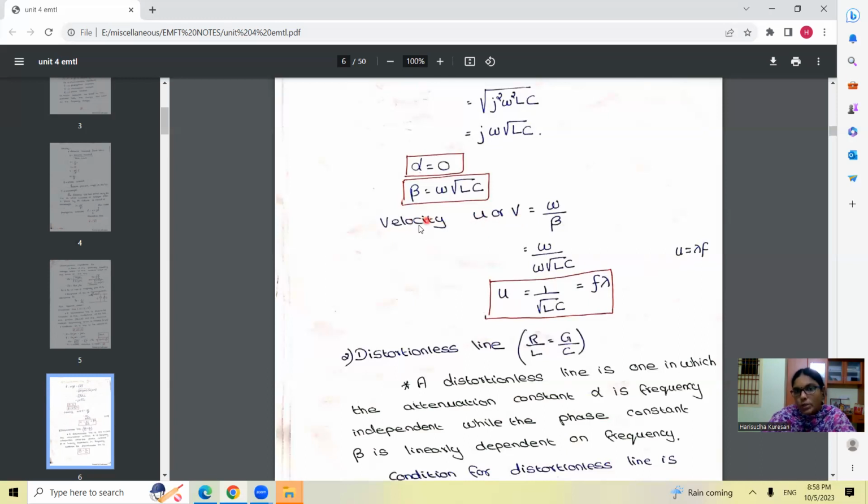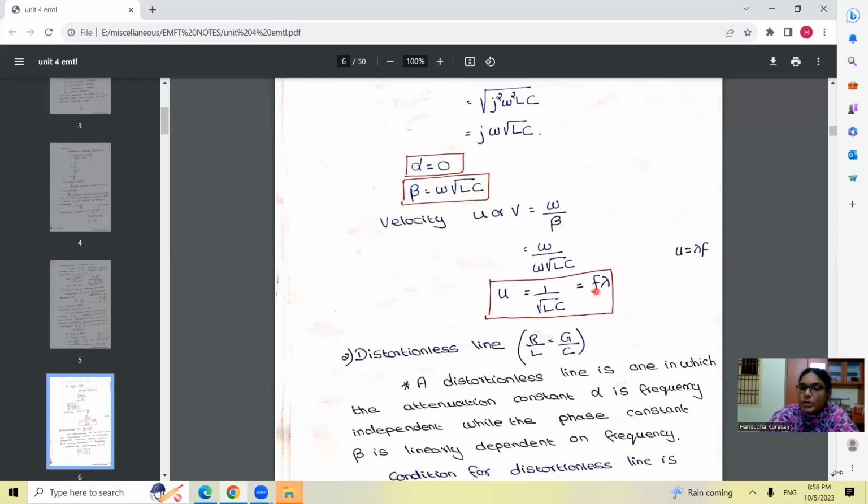Velocity is nothing but the angular frequency divided by the phase constant, that is ω divided by β. Substituting beta as ω square root of LC, the ω and ω get cancelled, and you get 1 by square root of LC. Already we saw the other velocity formula with respect to the wavelength, which is nothing but λ into f.